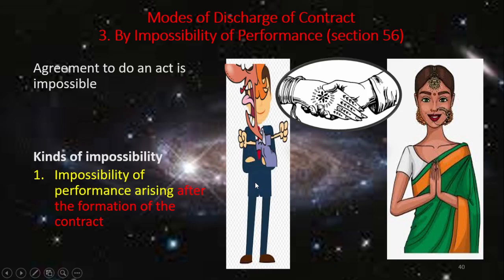In that situation, this lady cannot continue with the agreement. This was not known to both the parties at the time of entering into contract, but after the agreement, the contract became impossible to complete. So for that reason, it is impossibility of performance arising after the formation of contract.